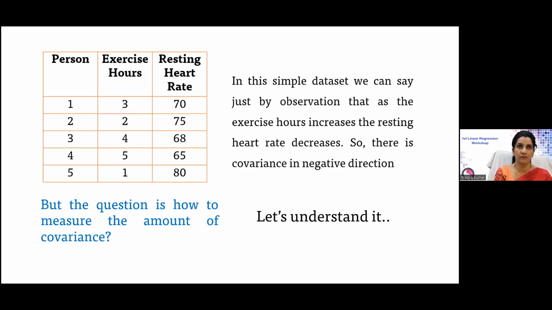This is because there were only 5 data points. By observation, you can say that if the exercise hours increase, the other variable decreases. So we can say the covariance is in the negative direction. But the next question is, what is the amount of covariance? How do we calculate it?